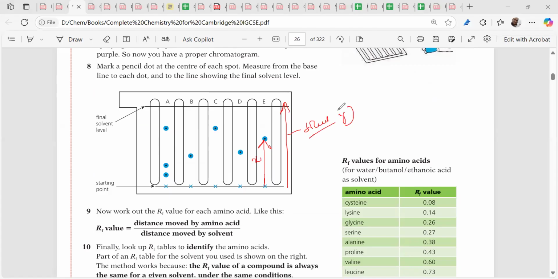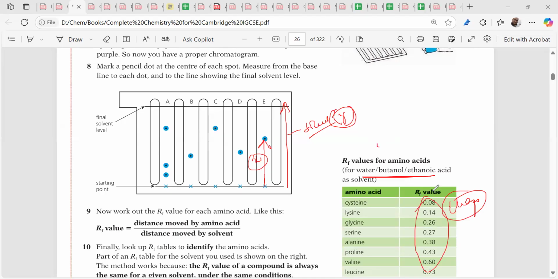RF value is a ratio of the movement, and it is constant for a particular solute in a particular solvent. If you change the solvent, the RF value changes. So from the RF value, you can identify a particular solute.